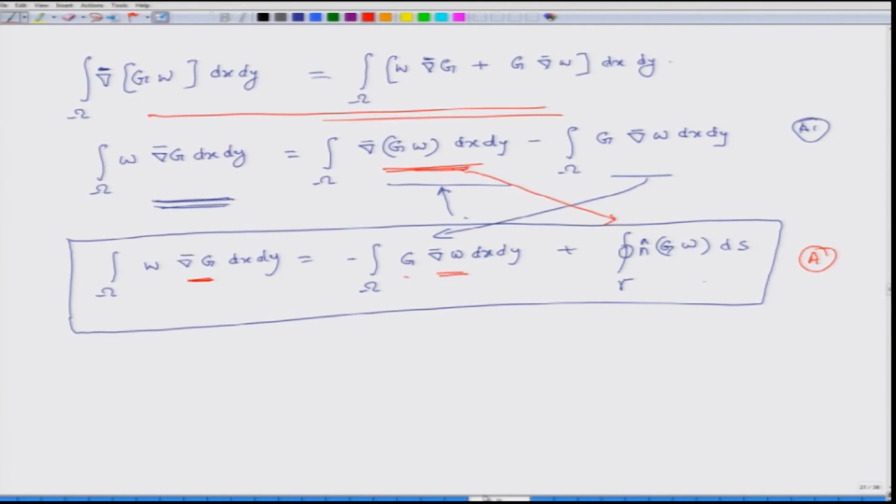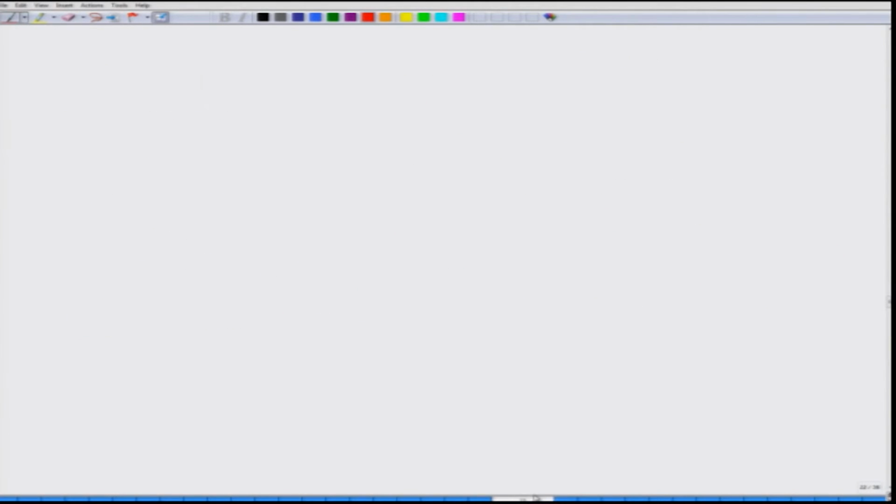So, this was equation A, and now we will develop another equation. Consider this. Suppose there is some function w times gradient of g, and I take a divergence of this entire function. It is a dot product.